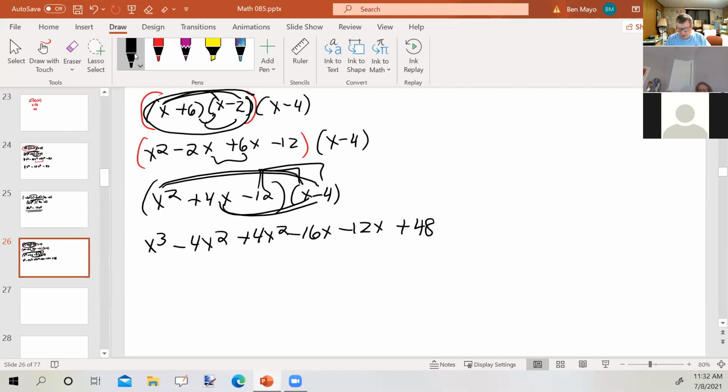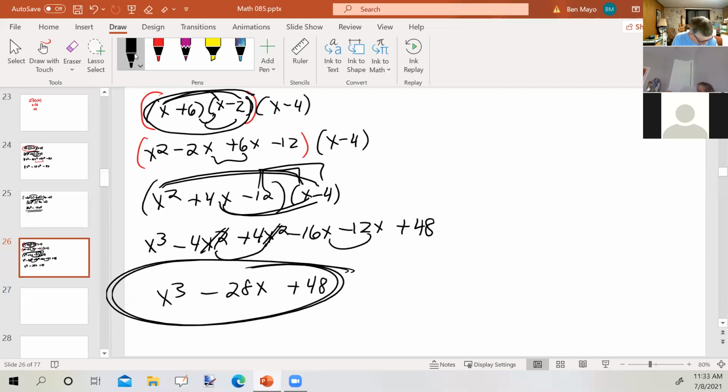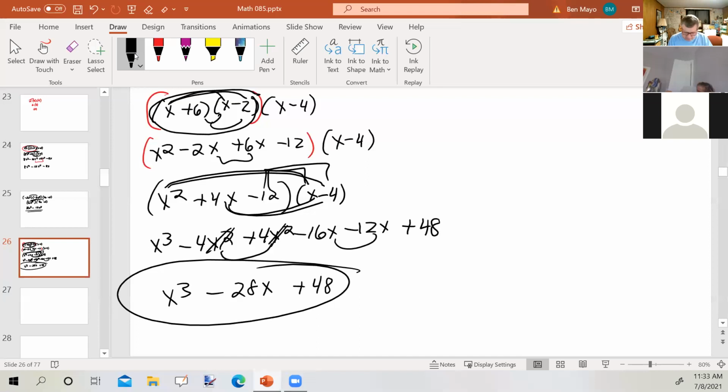Minus 12 times minus 4, negative 12 times negative 4. Combining like terms, we get x cubed. These are going to cancel. Minus 16x minus 12 more is minus 28x plus 48. And there we have it.